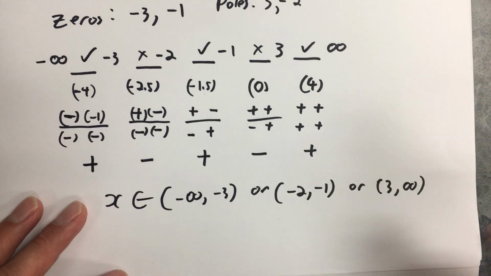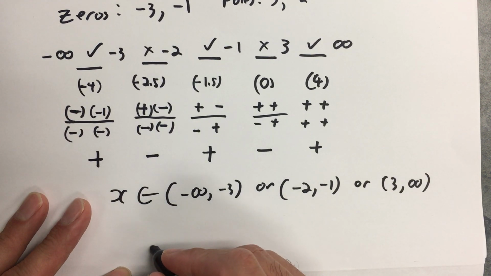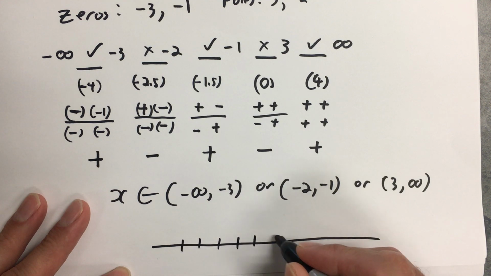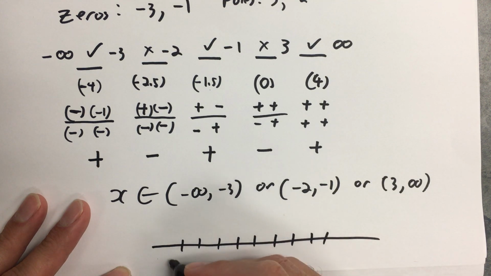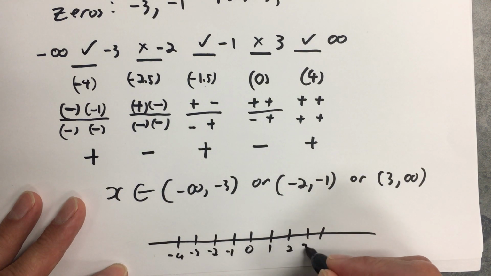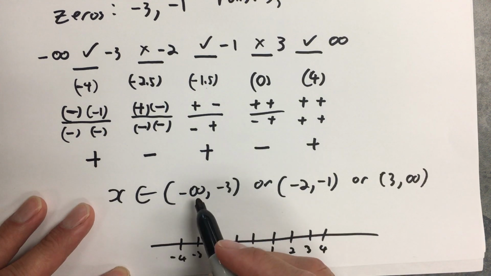If I was to graph that out on a number line, let's make that minus 4, minus 3, minus 2, minus 1, 0, 1, 2, 3, 4.